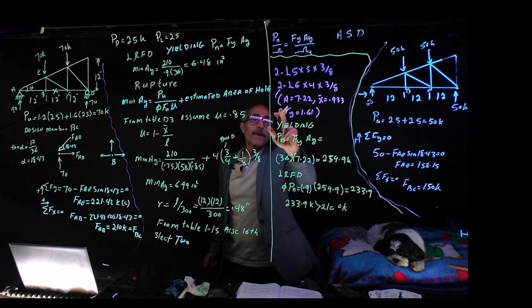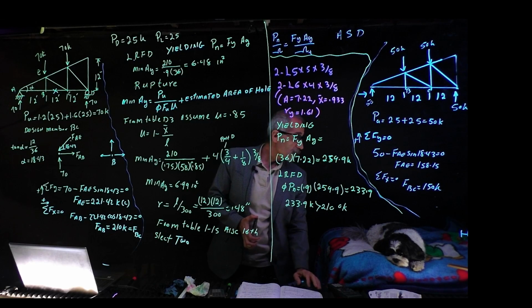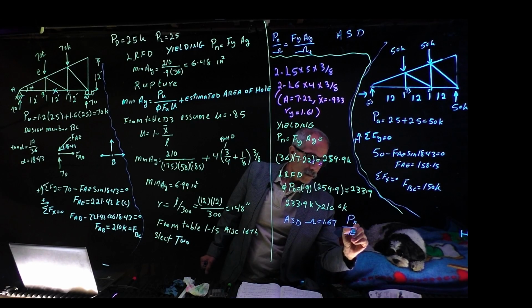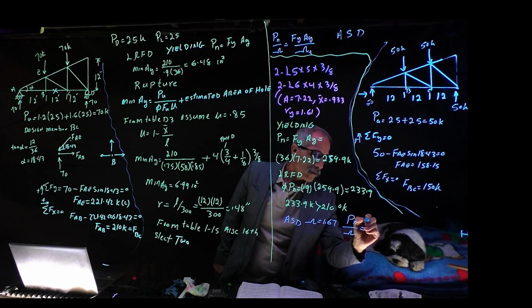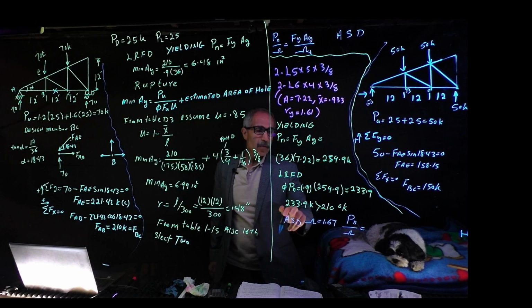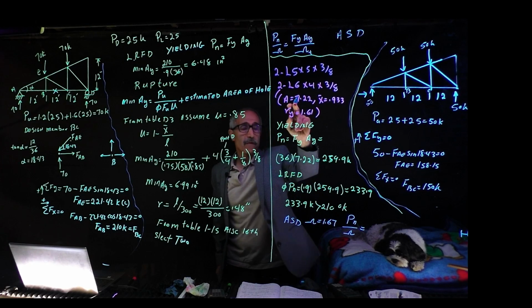And since we picked this one, now we can switch it over to allowable stress design. So we're going to do allowable stress design right here. And omega is 1.67, again, for this one.